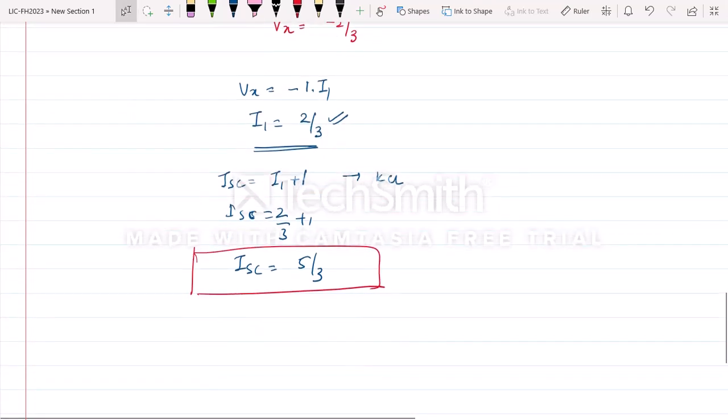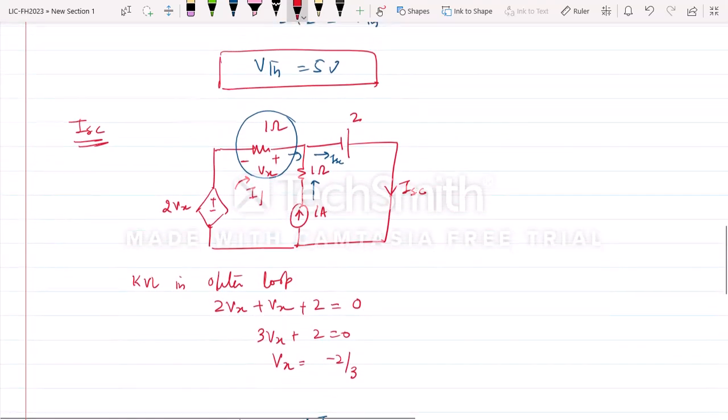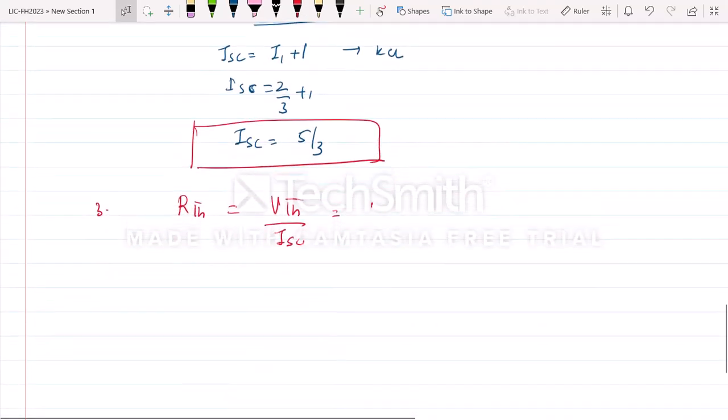Now the third step is getting RTH. RTH is VTH upon ISC. What is the value of VTH we got? VTH we got as 5 volts and ISC we got as 5 by 3. So RTH becomes 3 ohms.